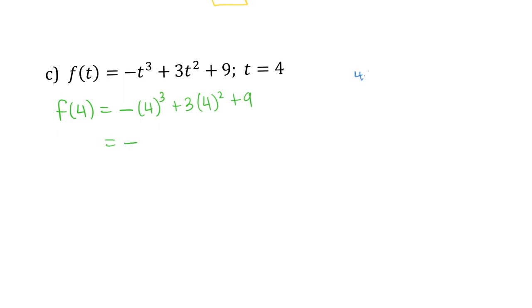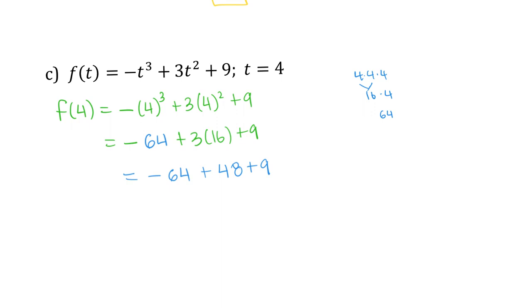I'm going to do 4 times 4 times 4. That's 16 times 4, 64. Plus 3 times 4 squared, 16, plus 9. So this is negative 64 plus 48 plus 9.